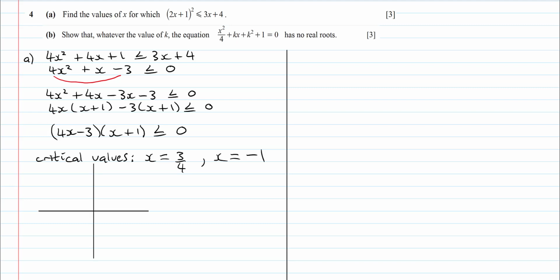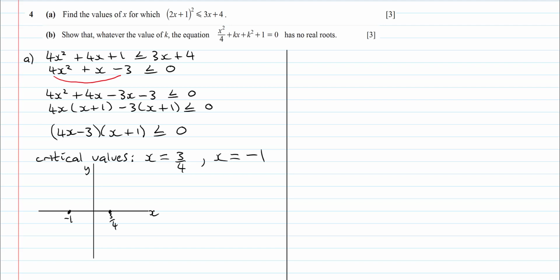Now we know we've got a positive shaped parabola because our coefficient of x squared is positive. And we know our x-intercepts are negative 1 and 3 over 4, so we'll mark them in. So if this is our x-axis, this is our y-axis. I'll mark in negative 1 and 3 over 4, so about there.